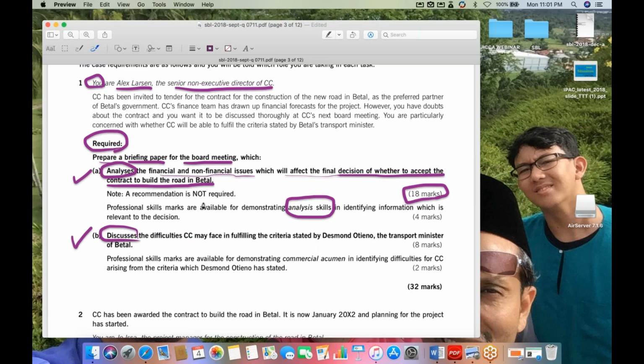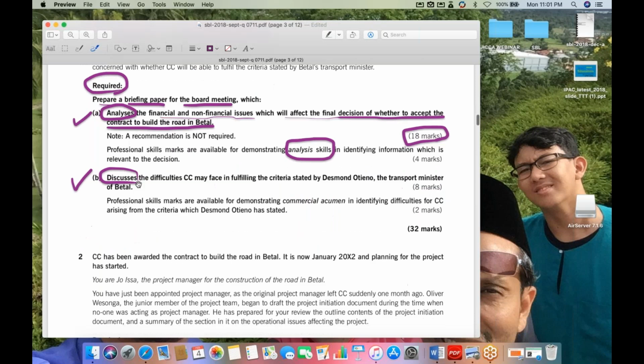Part A, where you are going to analyze the financial and non-financial issues that will affect your decision whether to accept the contract to build the road in Beetle. And then the next one, you will have a part where you discuss the difficulties CC may face in fulfilling the criteria stated by Desmond Otiano, the Transport Minister of Beetle.